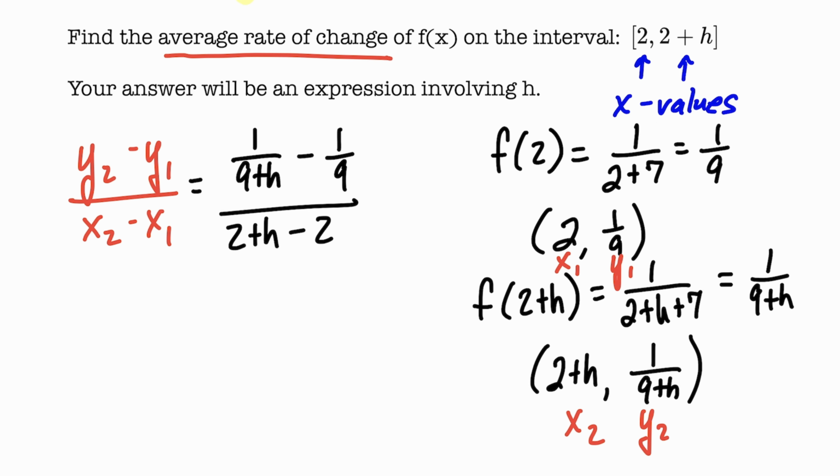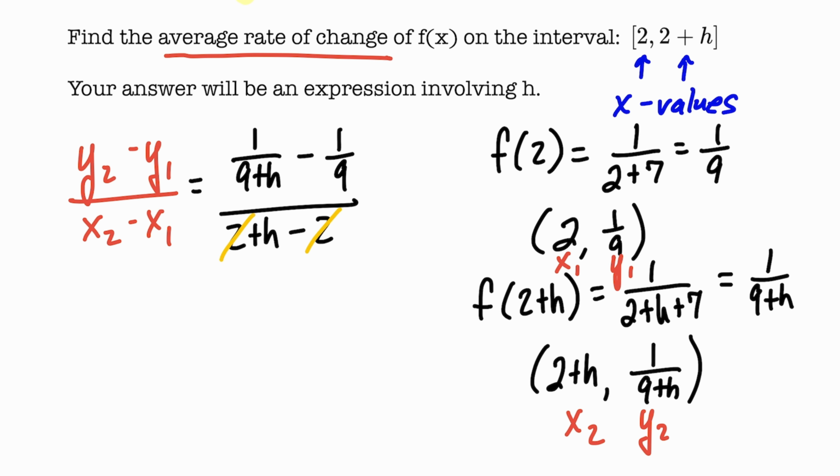So we filled in, but we still need to do some simplifying down to get to our final answer. In the denominator, we have both a positive 2 and we're subtracting 2. As we combine like terms, those combine together and make 0. So we still have an h in the big denominator, but that's it.